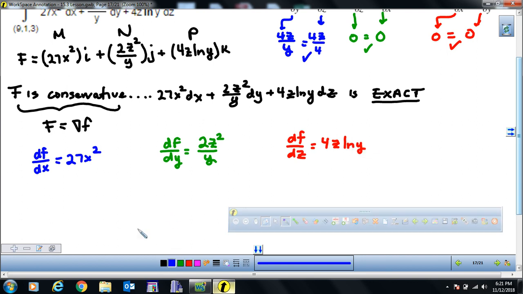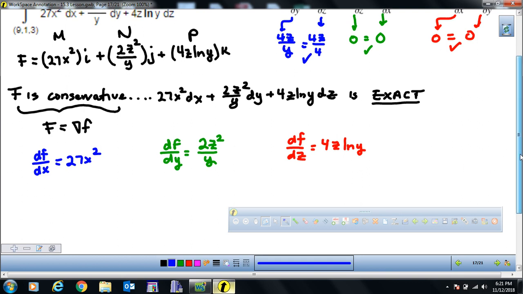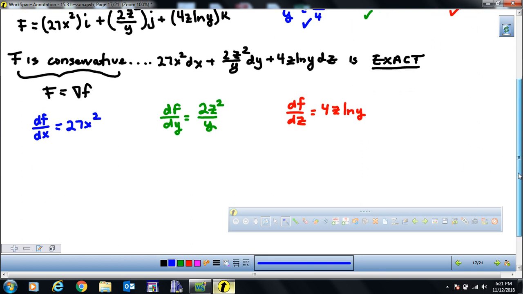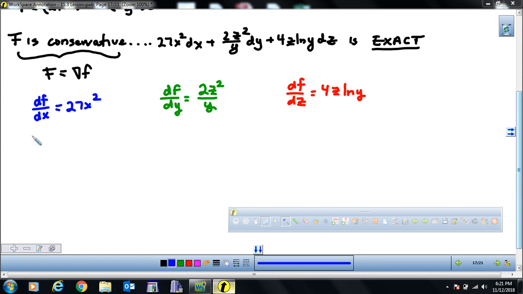And now we're going to start integrating to find such a potential function that meets those conditions. So we're going to get df equals 27x squared dx. So we're going to get the first integration with respect to x.